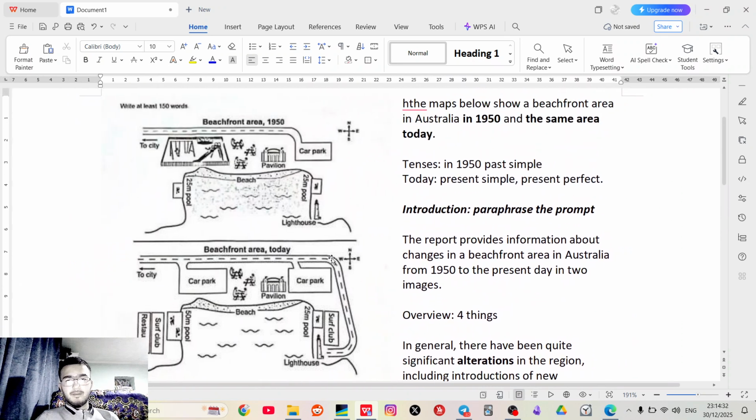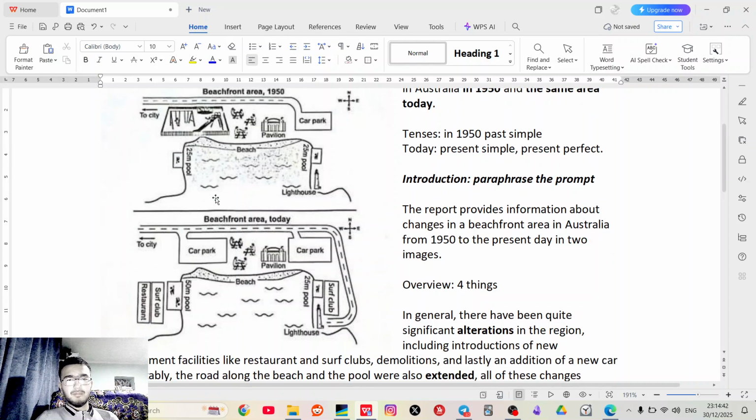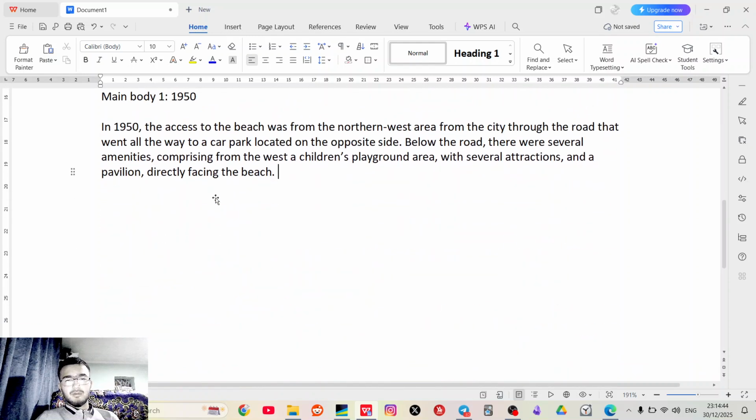So we also have two pools, right? Two pools on the eastern and western sides of the beach.